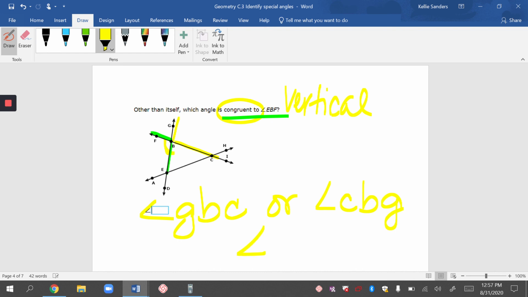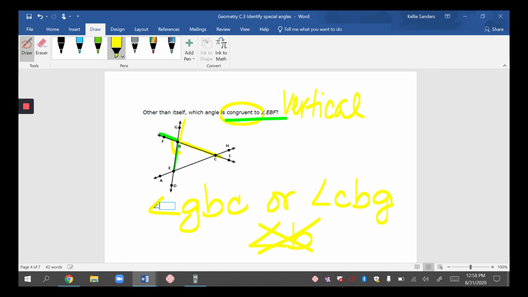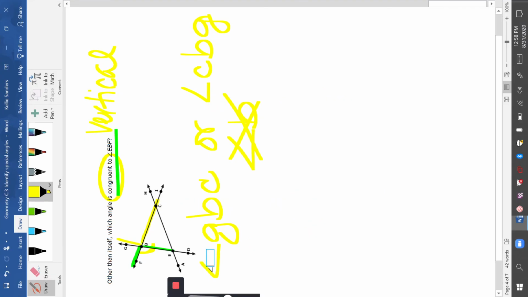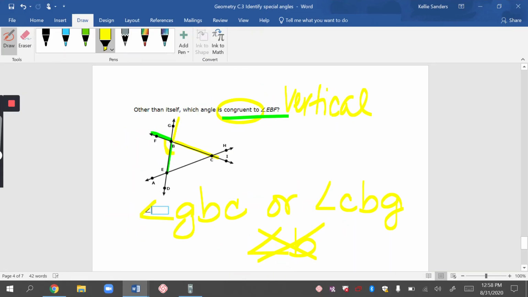You cannot just say angle B because there's more than one angle that has B as a vertex.